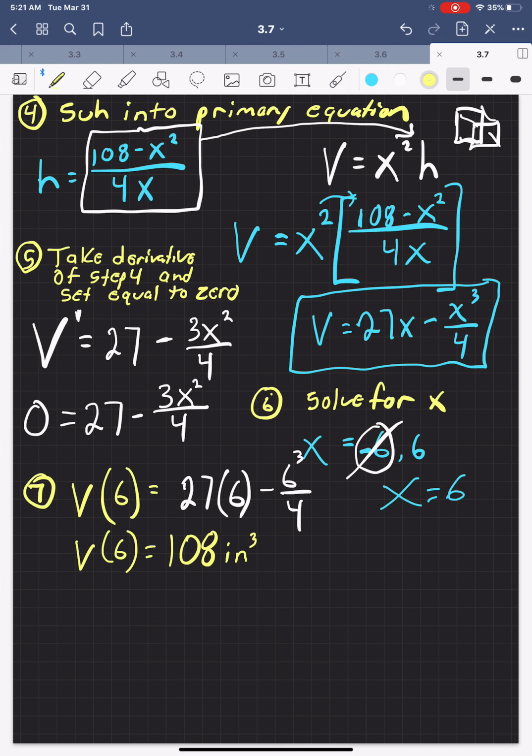Now, the only caveat is, if you recall, that maximums and minimums can exist at critical numbers, which is what we have here, as well as endpoints.